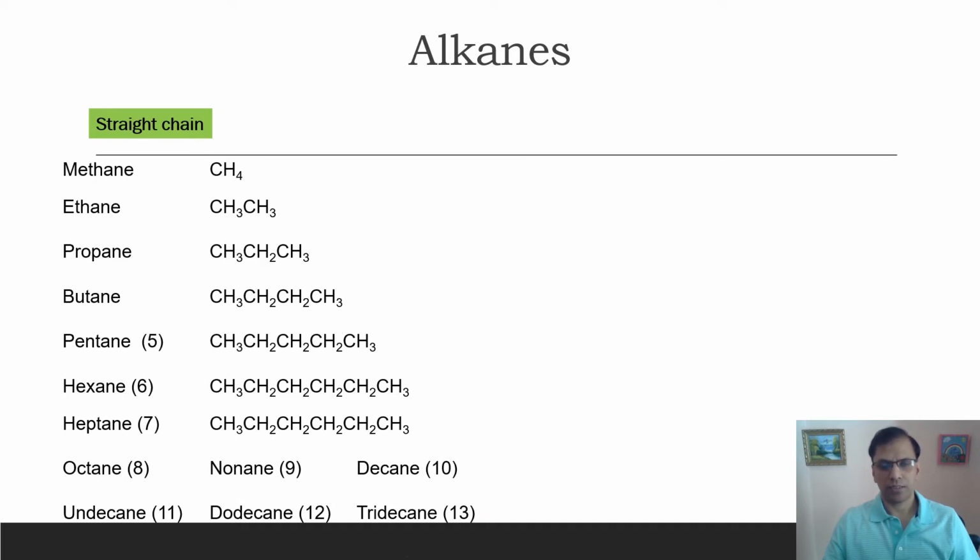So the names can continue for a long time, but essentially, this is a model of methane. You have 1, 2, 3, 4 hydrogens. That's how methane looks. It's tetrahedral. And this is propane.